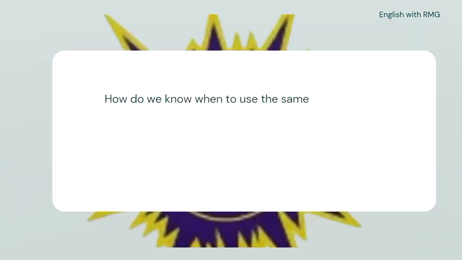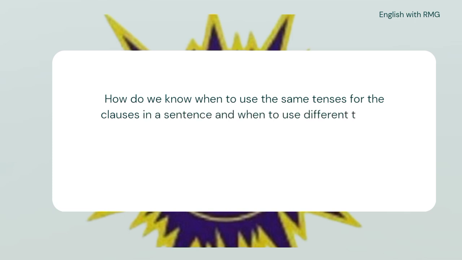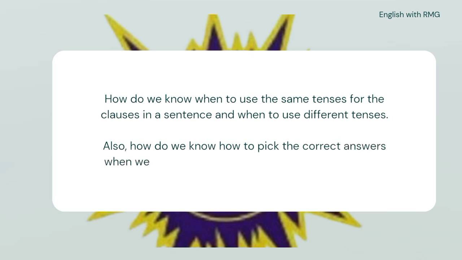But let's continue. How do we know when to use the same tenses for the clauses in a sentence and when to use different tenses? Also, how do we know how to pick the correct answers when we have questions on sequence of tenses in our exams? So this is what takes us to the rules that guide sequence of tenses in English.